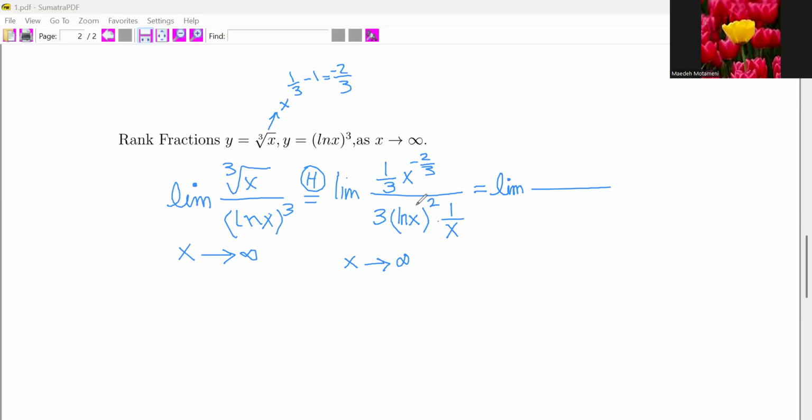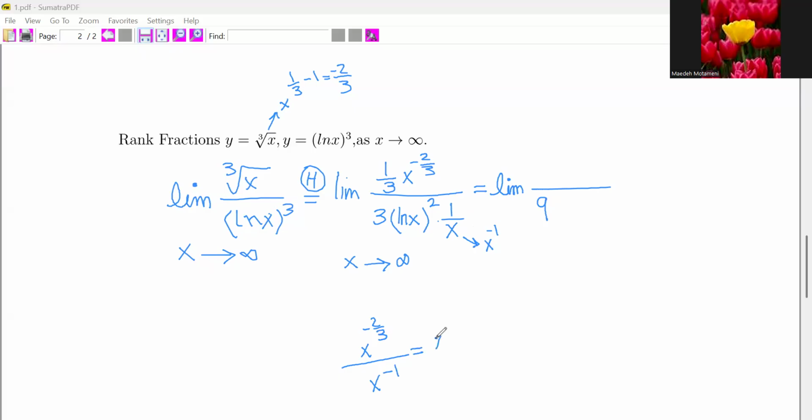We would see that 1 over 3 divided by 3 means it will be 1 over 9, and x to the power negative 2 over 3. And then here, 1 over x is the same as x to the power negative 1. So it is x to the power negative 2 over 3 divided by x to the power negative 1.